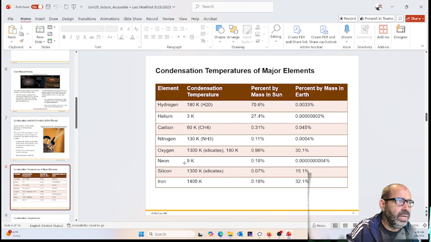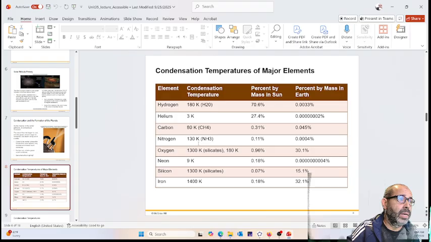Helium, neon and argon have very low condensation temperatures because they are inert gases, okay? You have carbon at 80 Kelvin, in methane. You have nitrogen in NH3, also at 130 Kelvin. Those are very, very low temperatures, by the way, okay?